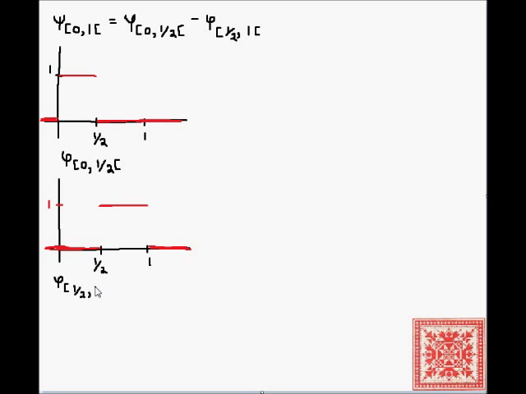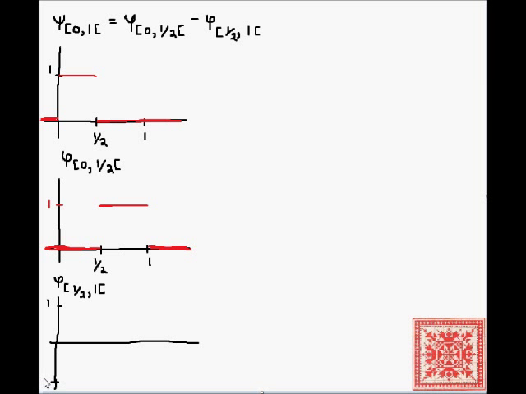So this is phi from 1/2 to 1. Then let's draw the minus, because we have to subtract phi from 1/2 to 1 from the step function phi from 0 to 1/2.